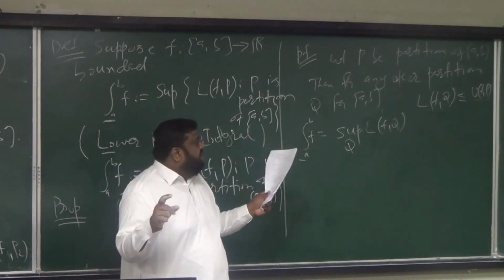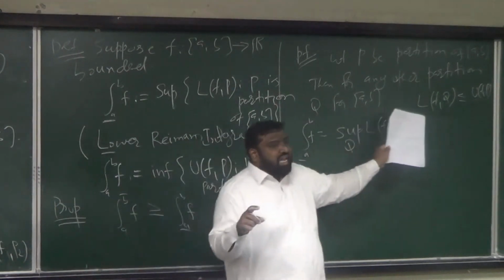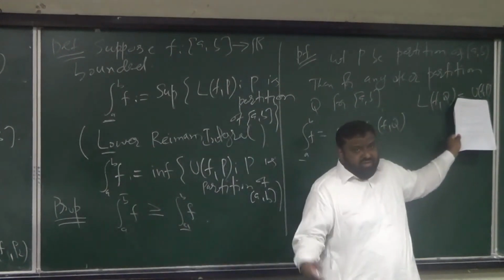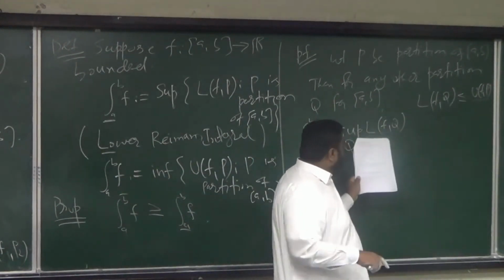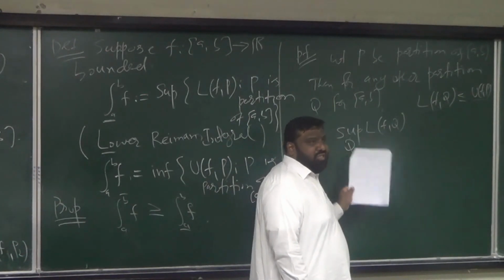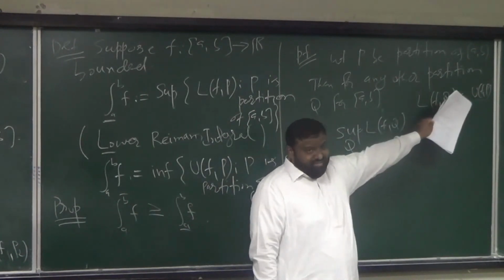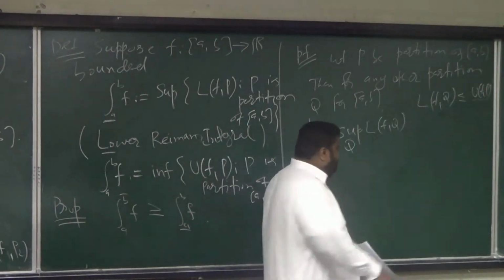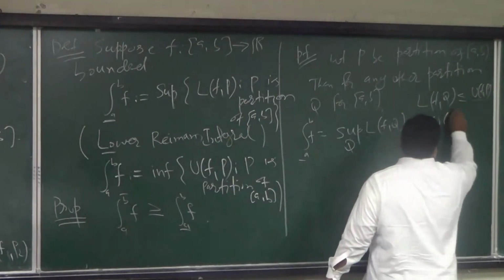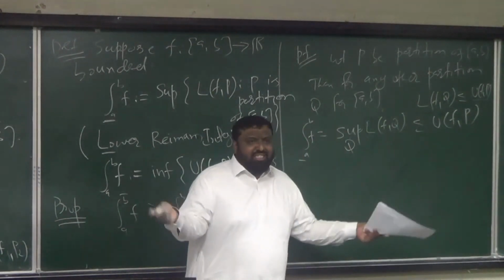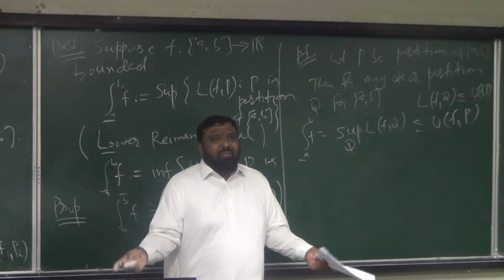So for LFQs, I have two bounds. One is a generic bound, and the other is this least upper bound. Question: what should be the relationship between the least upper bound and this upper bound? Less than or equal to. The least upper bound is the smallest of all upper bounds.